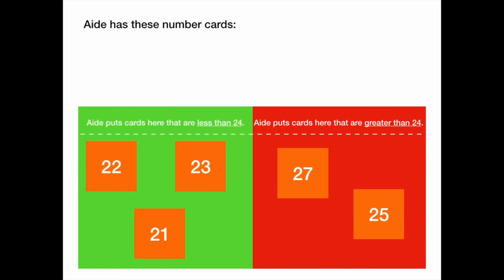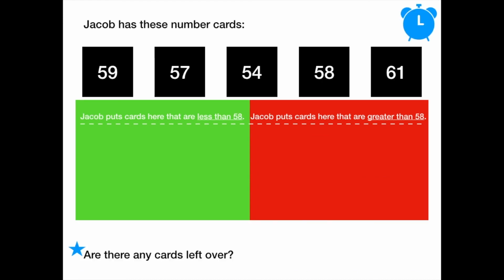On the green side, 22, 23, and 21 are less than 24. On the red side, 27 and 25 are greater than 24. Let's try a tricky one. Jacob has these number cards.